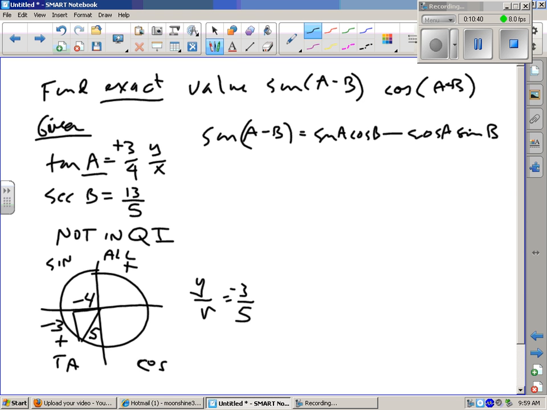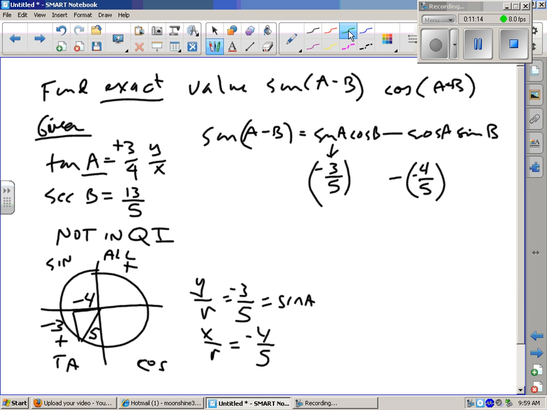So the sine of a, I don't even know what the angle is. I don't know what a is, but I don't have to know what a is because this is the sine of a. So instead of sine of a, I just write in negative 3/5. So I'm skipping the step where you have to go to your circle and look it up because it's already given to us. Then the cosine of a is x over r, so that'd be negative 4/5. So I'll put that in over here.